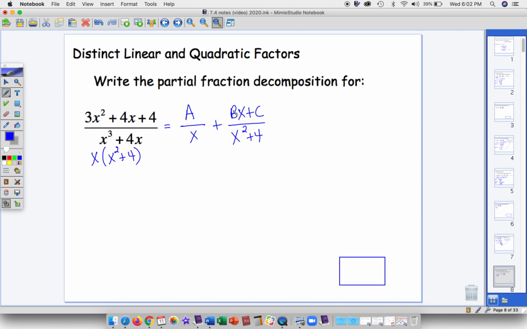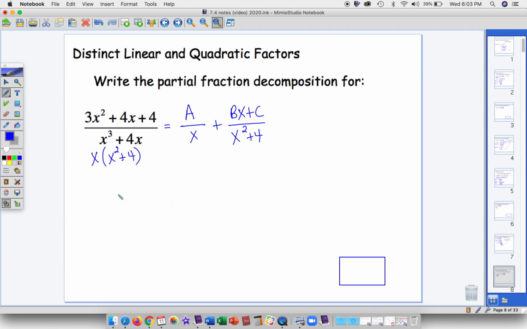Again, if either b or c doesn't belong as part of this breakdown, that variable will equal 0 and drop out. But I can't assume that I don't need bx plus c. Bx plus c is a valid numerator for a quadratic, right? It always has to be a lesser degree, lesser by 1, and nothing else.